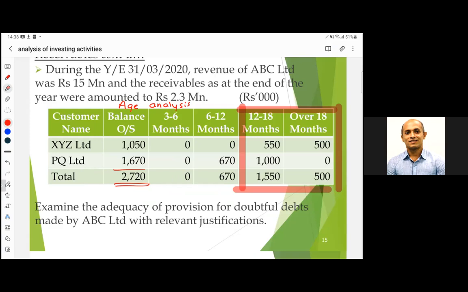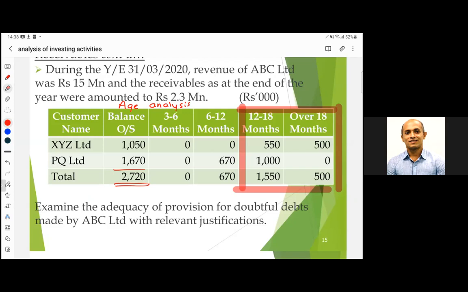Then your company should make a large provision, especially by looking at these long outstanding balances. So when the balances are outstanding over 12 months, recoverability is more uncertain, completely doubtful.